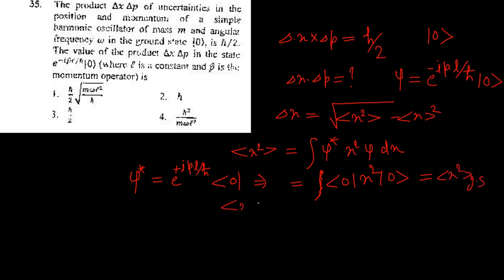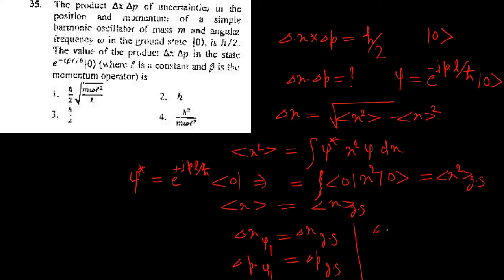Similarly, the expectation value of x is equal to the expectation value of x in the ground state. Follow similar steps and you will find this. So delta x for the given wave function will be equal to delta x for the ground state. Similarly, delta p for the given wave function will be equal to that for the ground state. So delta x into delta p for the given wave function will be equal to h cross by 2, because things are the same.